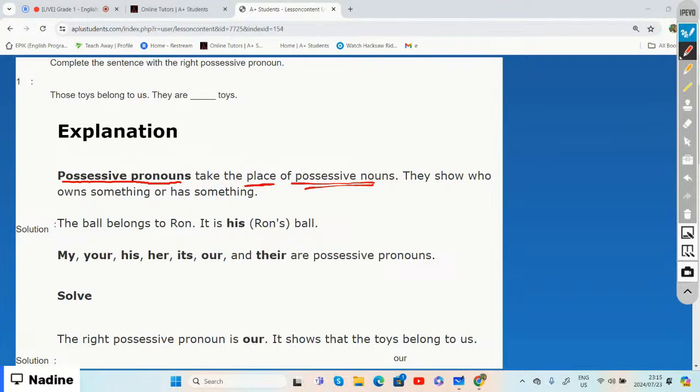They show you who owns something or has something, and that is where the possessive part comes in. So now it is a possessive pronoun. It shows who owns something or has something, but we are not going to mention the person's full name. We add the pronoun.